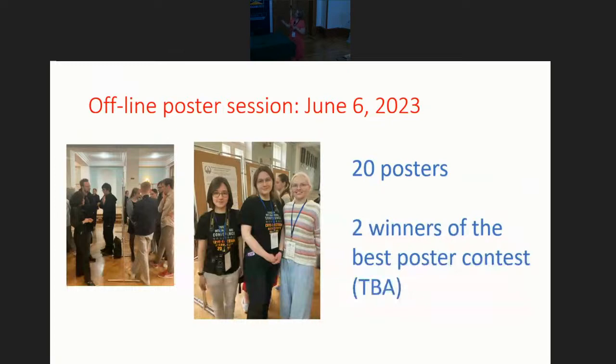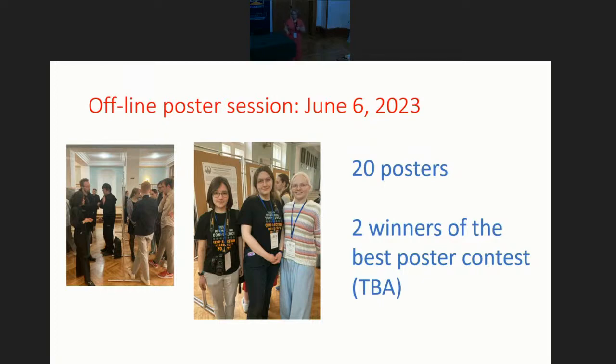We used to have 20 posters, and we got actually 2 winners of the best poster contest. So the idea was that we have a committee of 4 people. Actually, all of them are here present now. They were going along all posters, speaking with the presenters, and signing their signature on the poster.